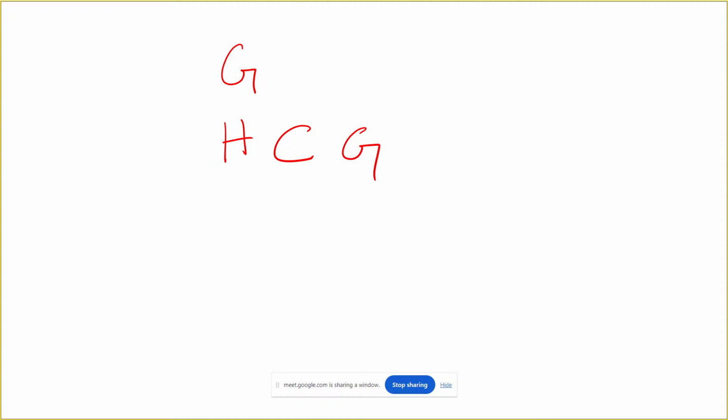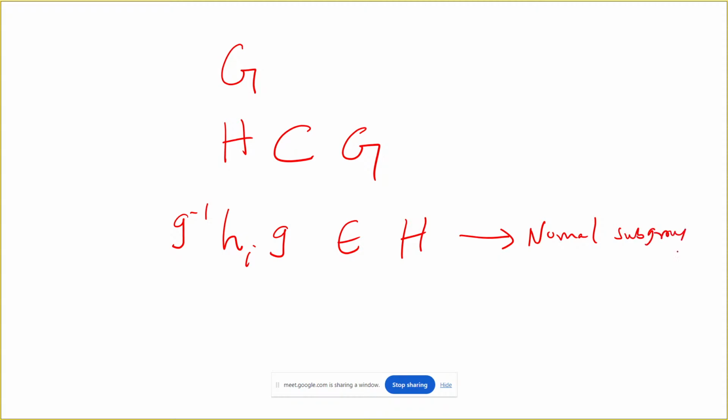And this subgroup is called a normal subgroup or invariant subgroup if g inverse h g is an element of H, then it is a normal subgroup. Correct me if I am wrong, Lekha. Yeah, or it is also called an invariant subgroup.